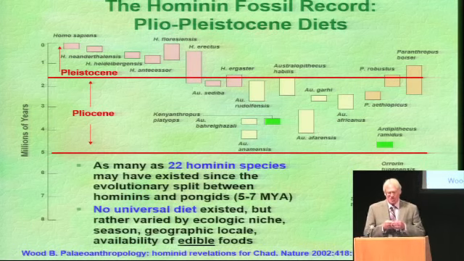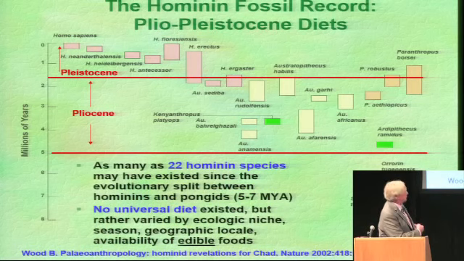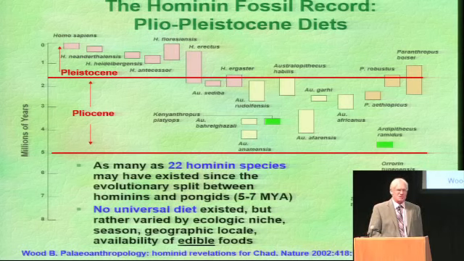And as you move through this, there's a couple of key points here. This is a period called the Pliocene, and the Pliocene started about 5 million years ago, ended about 1.7 million years ago. And this is really when a lot of the action occurred, when we have all the speciation. Each one of these rectangular boxes represents a species of hominins.